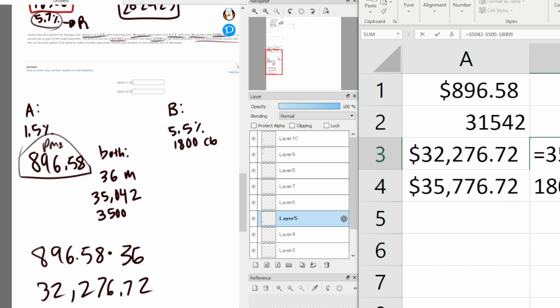And the reason why we're doing that is because we'll get cash back for that, and it already says that we'll be using part of that for the down payment. So if we are using that for the down payment, we don't need a loan for the whole, for like the 32,276 like we did in the last one. We'll need a loan for the $29,742.